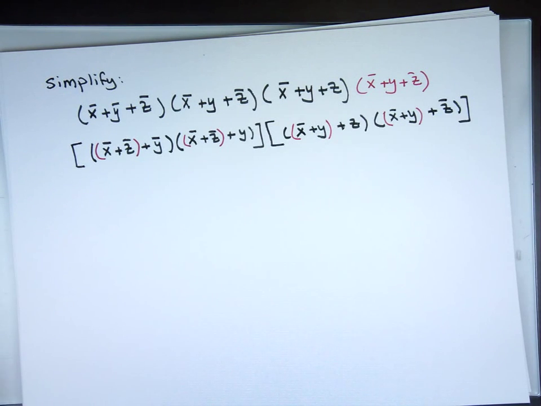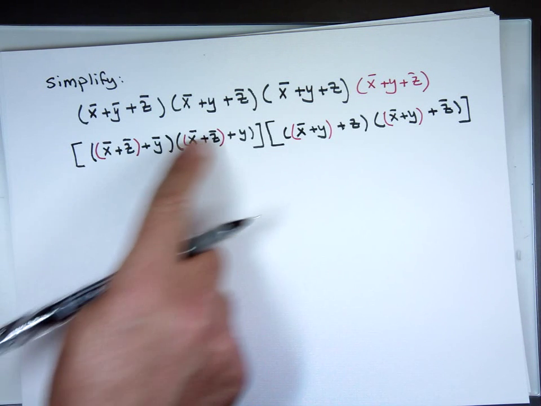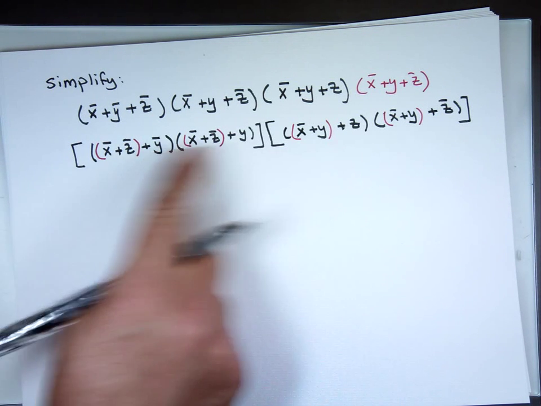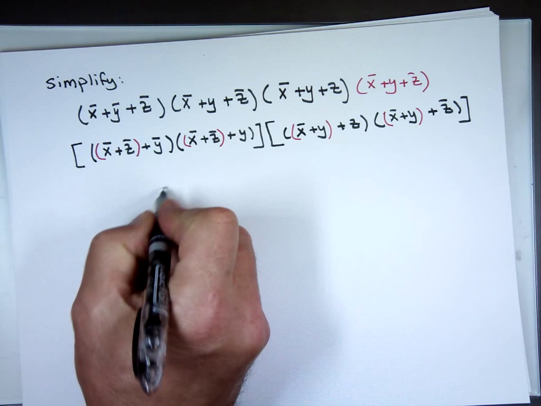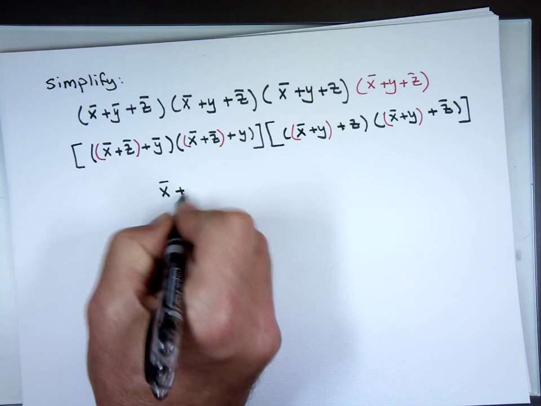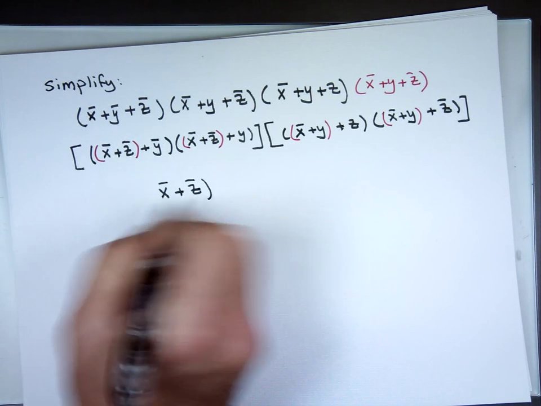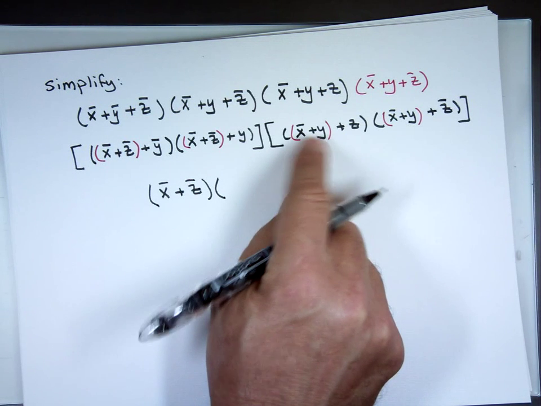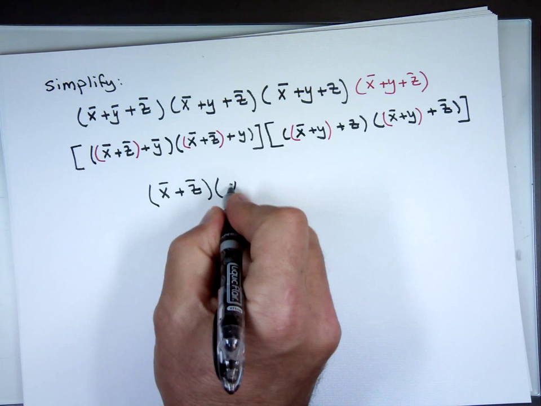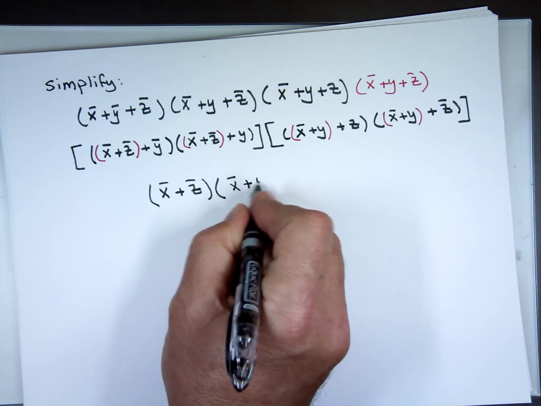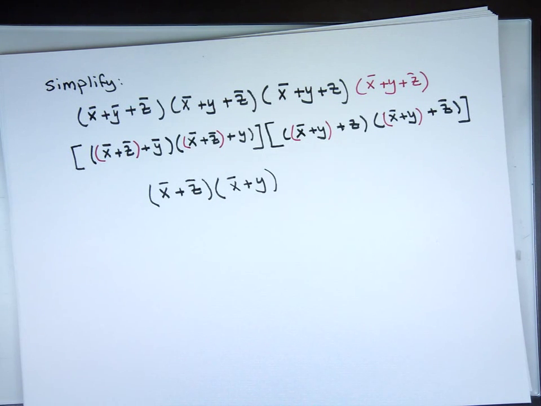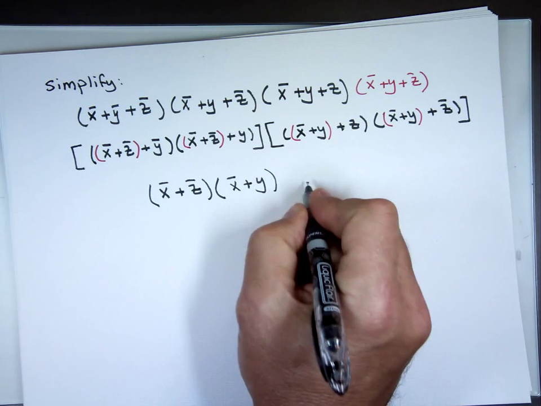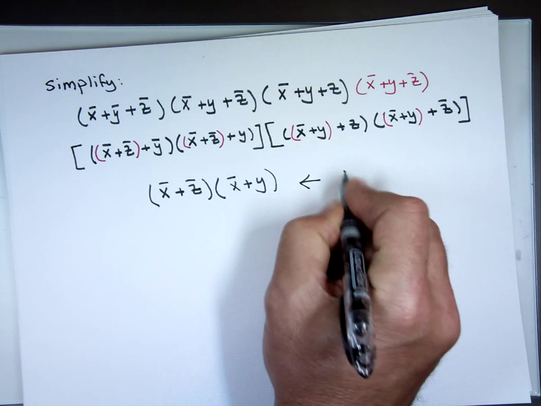Now these two are the same, and this is backward. You see, the opposite, the complement? That should give me X bar plus Z bar. And this should give me X bar plus Y. So this is my product of sums.